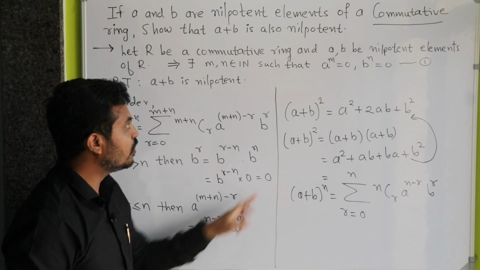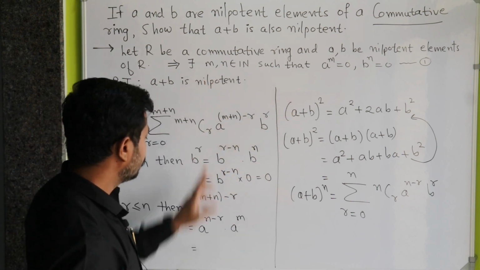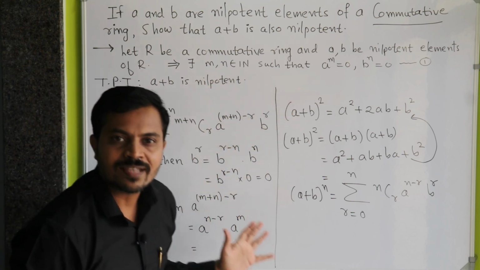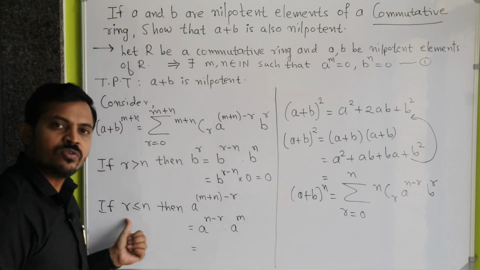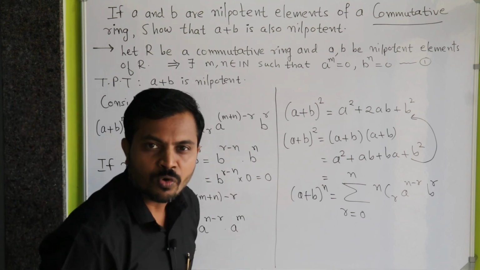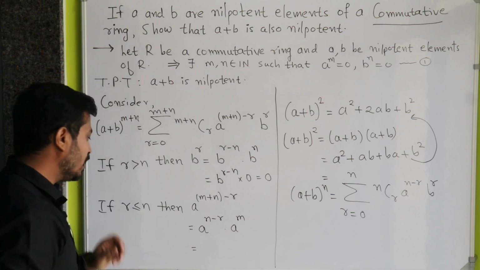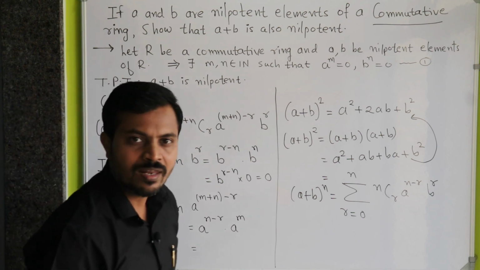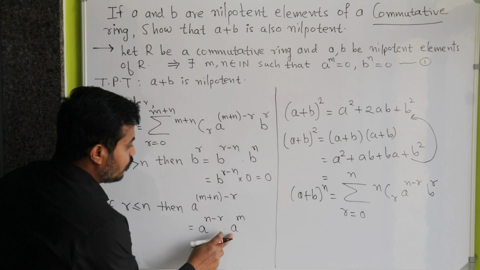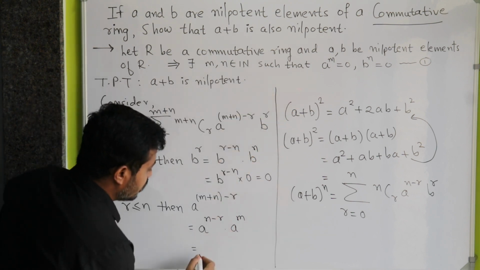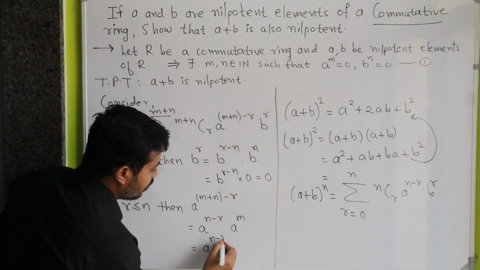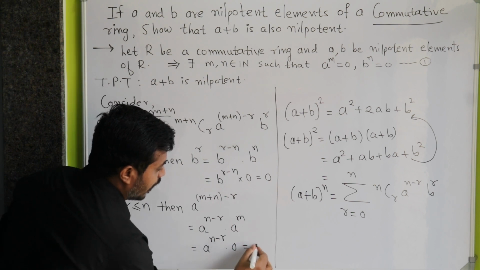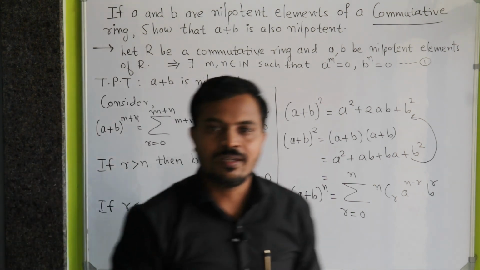No issues for this because m is already a natural number, and a raised to n minus r is also going to be a non-negative power since we are assuming r is less than or equal to n. Now we already know the value of a raised to m, that is 0. So this will be a raised to n minus r multiplied by 0, and this is actually equal to 0.